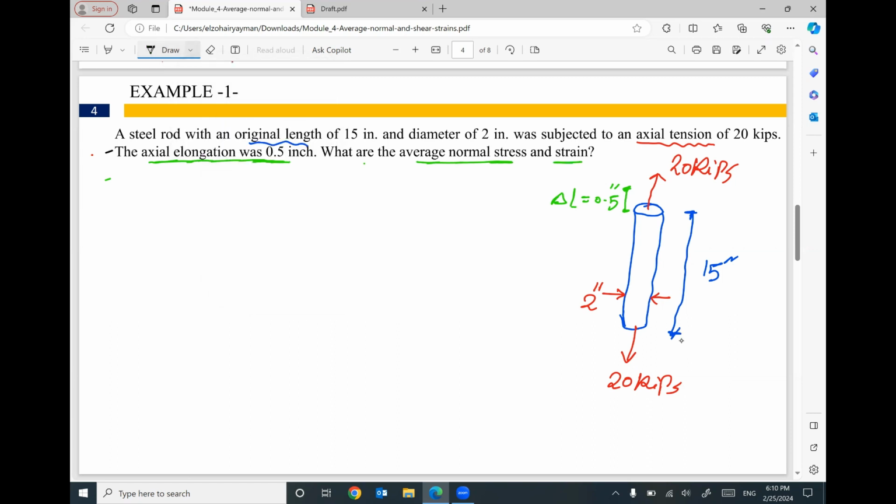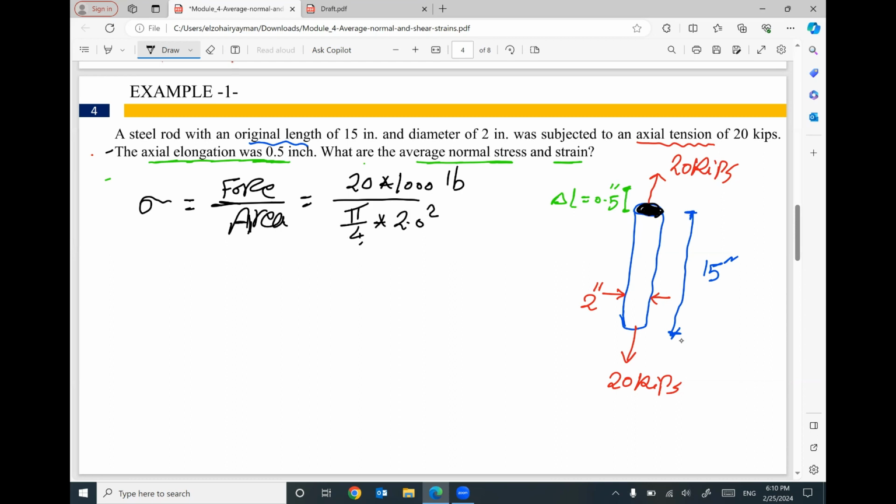Previously we covered that the normal stress equals the applied force divided by the area of the cross section. The applied force on this member is 20 kip. I'm going to multiply it by 1000 to be in pounds. And the cross section is a circle with a diameter equal to 2 inch. So the area will be pi divided by 4 times 2 inch squared.